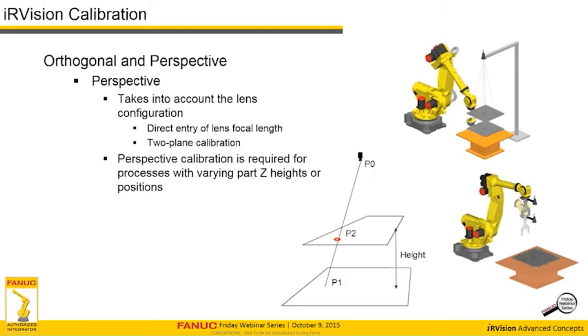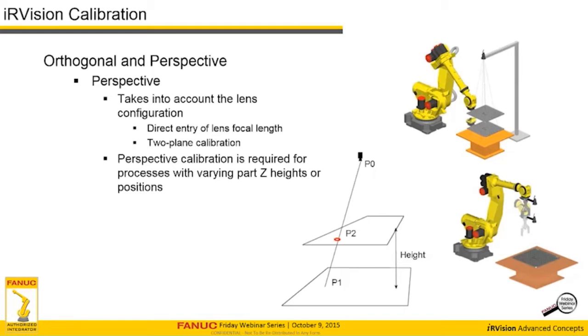Perspective calibration takes into account lens configuration, either by direct entry of the lens focal length into the iRVision process, or by using a two-plane calibration. You can accomplish this either by moving the robot or by moving the grid frame in front of the camera. So it's an absolute necessity if you have parts that are possibly not going to be at the same Z height, the same very accurate Z height all the time.